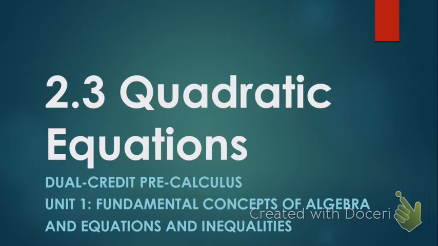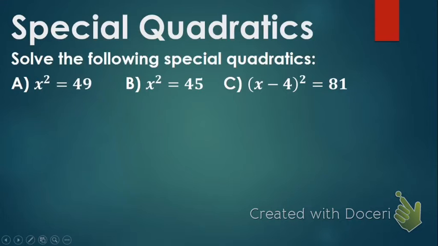We are going to look at a special case for quadratic equations. You guys are used to always hearing that when we're solving quadratics, it has to be equal to 0.